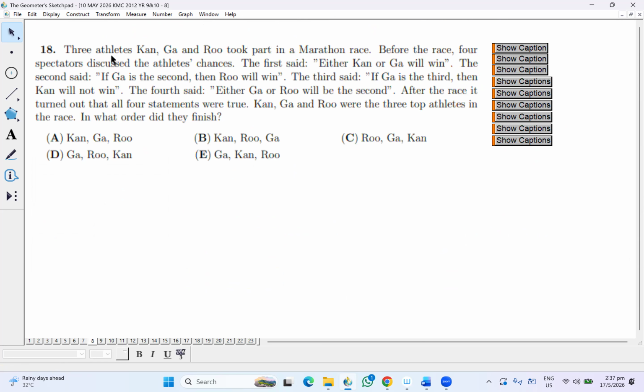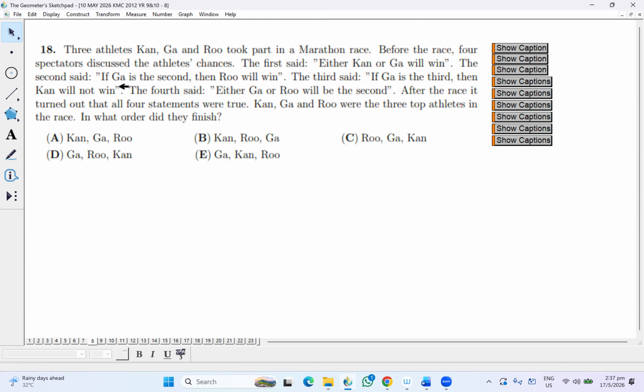3 athletes, Kang, Ga, and Ru, took part in a marathon race. Before the race, 4 spectators discussed the athletes' chances, who can win, who can lose. The first one says either Kang or Ga will win.